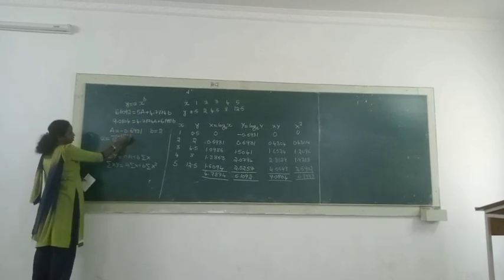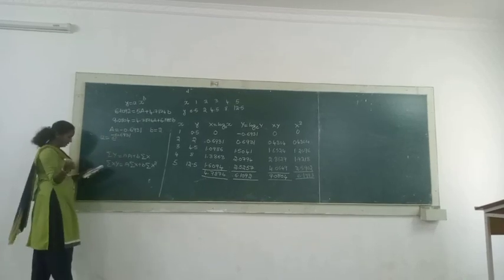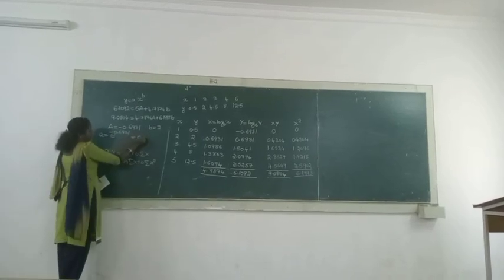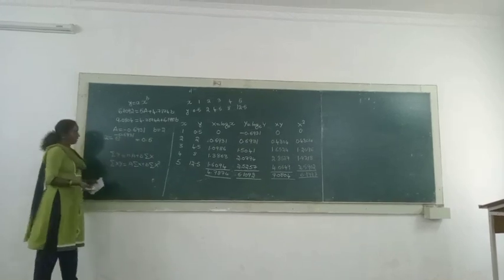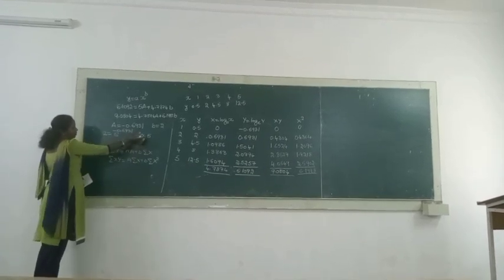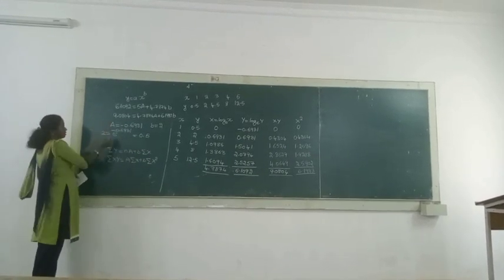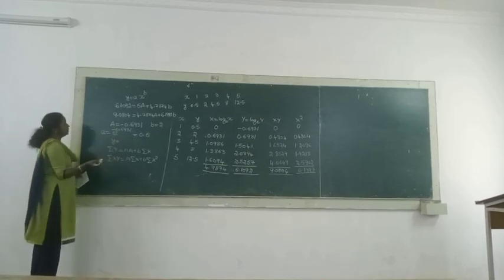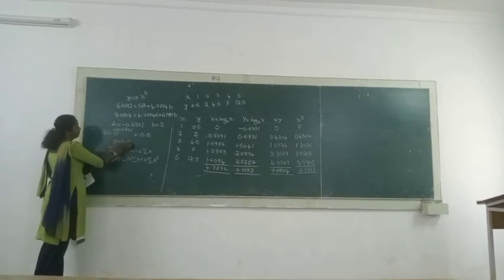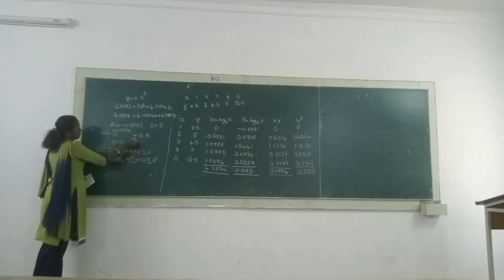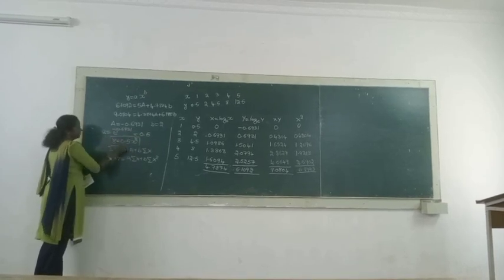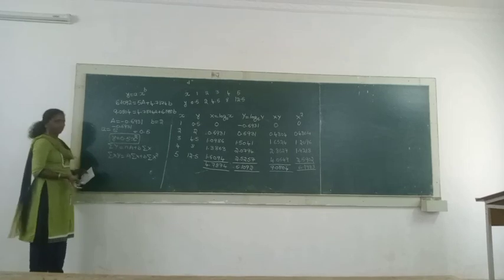If we take the anti-log of minus 0.6931, we get the value of a as 0.5. So the answer is a is 0.5 and b is equal to 2. If we substitute, we get y is equal to 0.5 into x to the power of 2. This is the required geometric curve. Thank you.